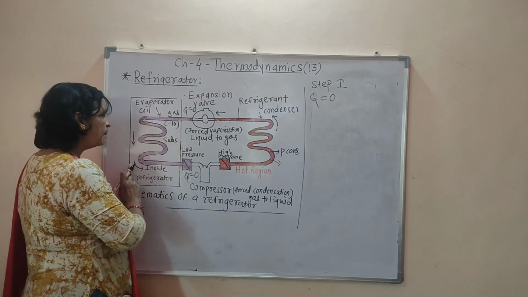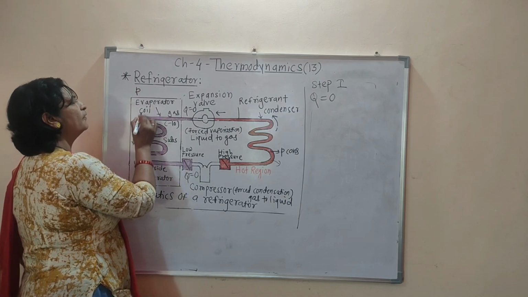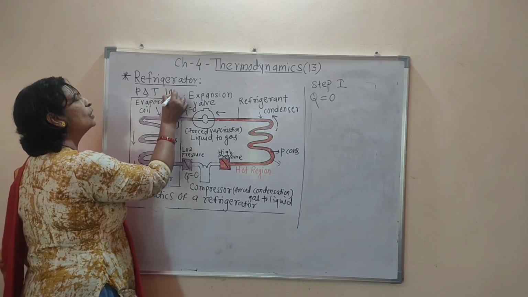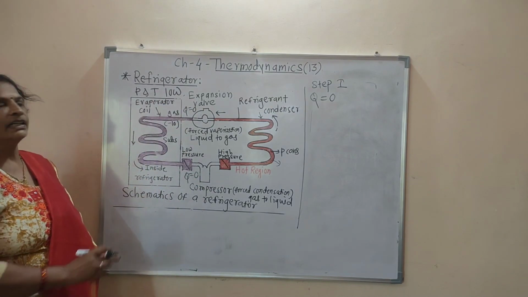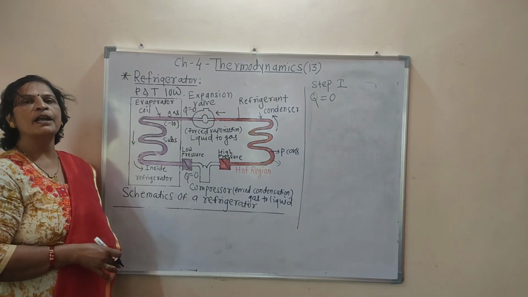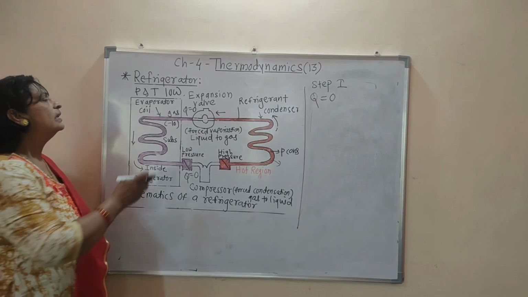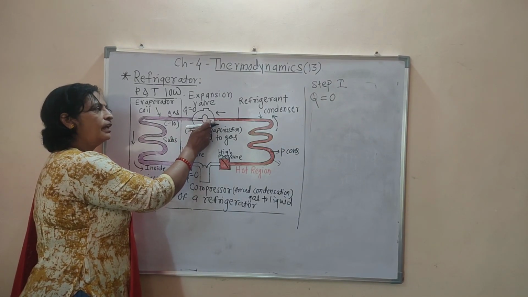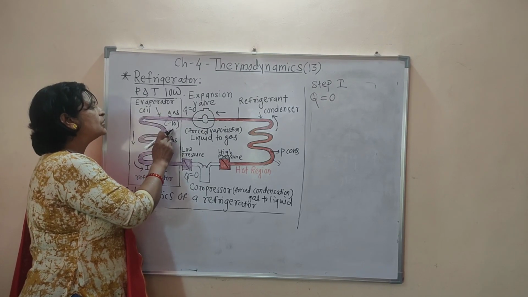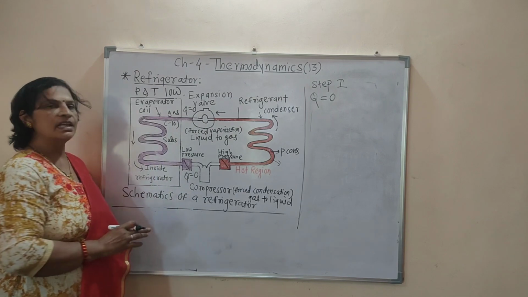This is the inside part of the refrigerator or fridge, and inside the refrigerator the pressure and temperature are low. Always keep in mind that the pressure and temperature in this region, the inner part of the refrigerator, are always low, and the liquid refrigerant gets converted into gas, and its temperature is negative, about -10.